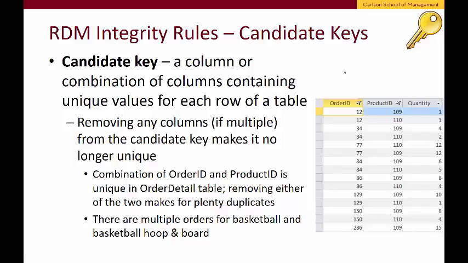Since one order can contain multiple products and a single product can be found in multiple orders, neither order ID nor product ID alone meet the uniqueness criteria of a candidate key. Combine the 2, however, and you have a unique order-product combination and therefore a legitimate candidate key.